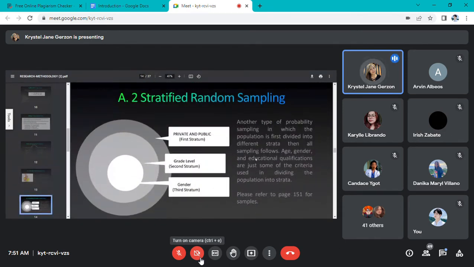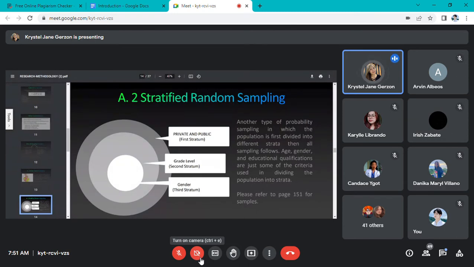Then there's also stratified random sampling. This is still under probability sampling. In this technique, the population will be divided into different strata, then the sampling follows. For example, you divide them according to gender, or according to age, or according to strand, or according to track.